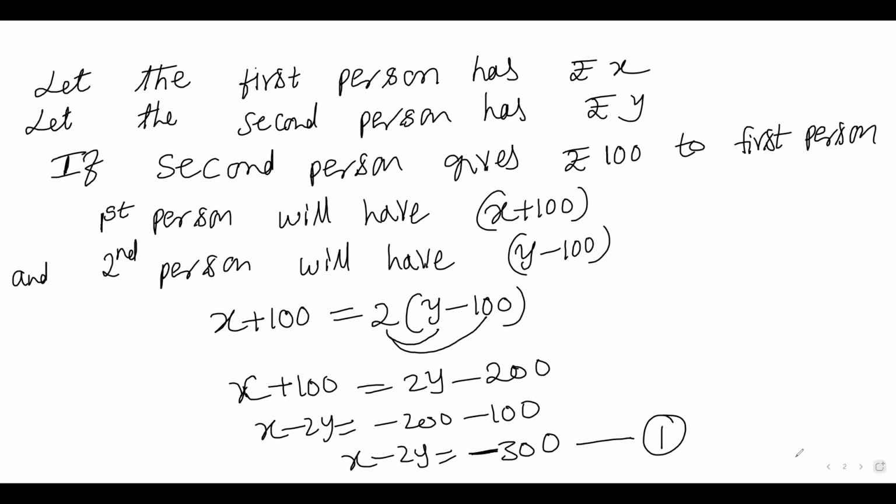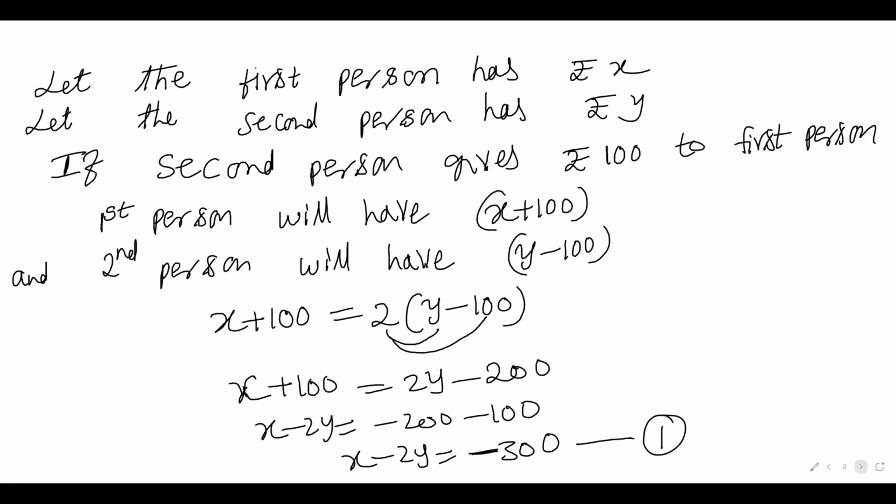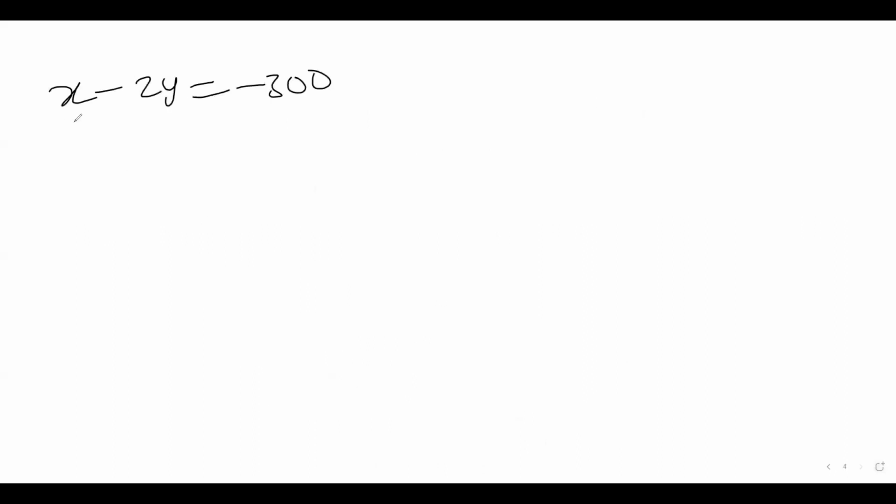I will write the first equation. X minus 2y is equal to minus 300. Second equation, 6x minus y is equal to 70.